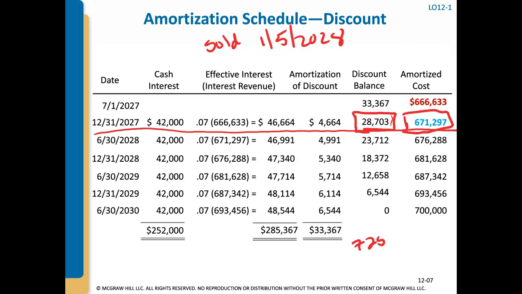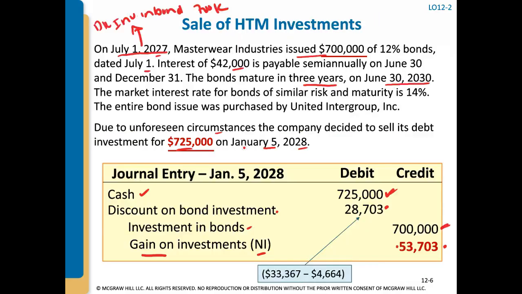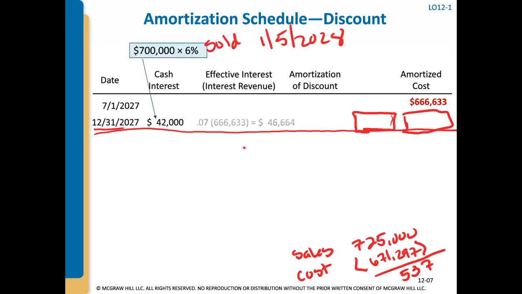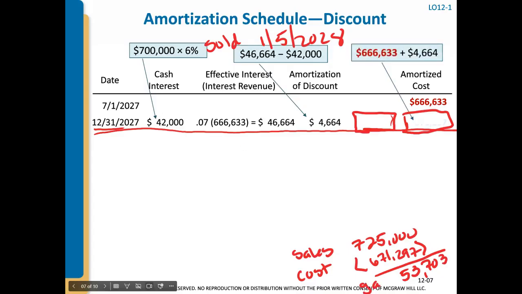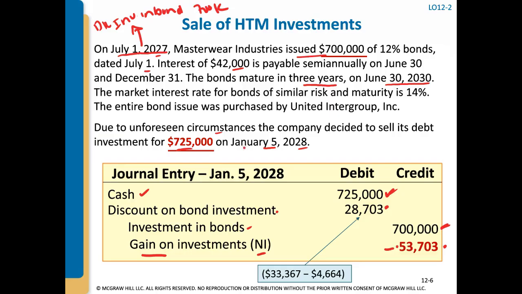We would look at 12/31/27, the latest one that we have, which is $671,297. And the difference between that is going to be your $53,703. And so that would be your gain. So you could do that, and then you could record your gain, and then your plug could be the discount. Or you could do one or the other and double check that it's correct. It's sort of a double check.